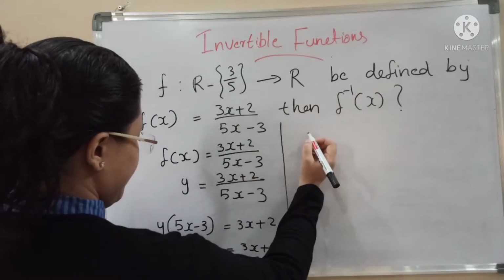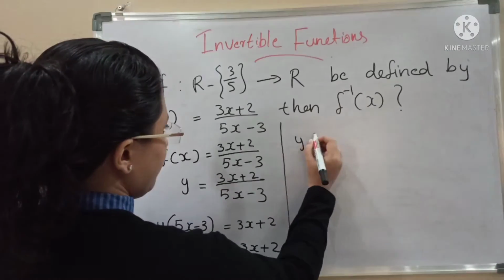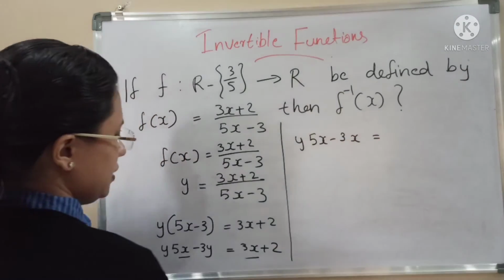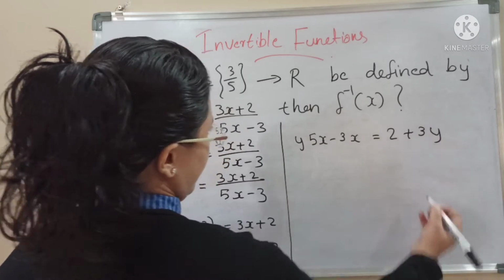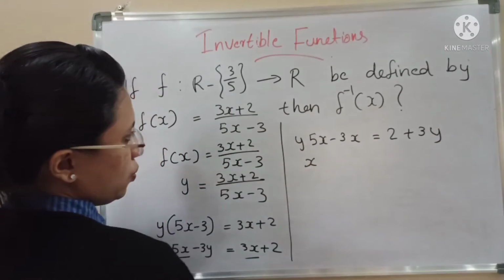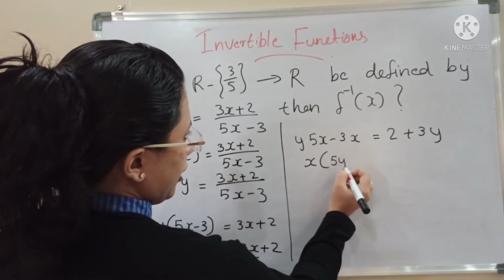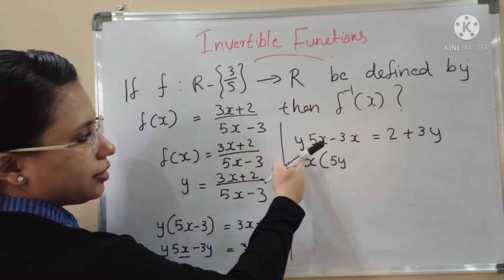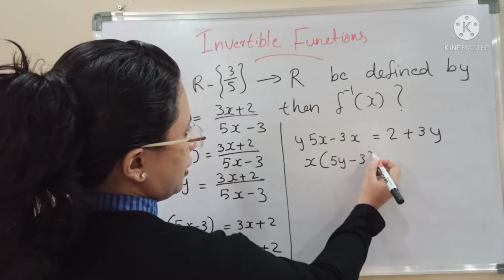So it will be 5xy minus 3x equals 2 plus 3y. Next, x we are taking outside, so the remaining is 5y minus 3.